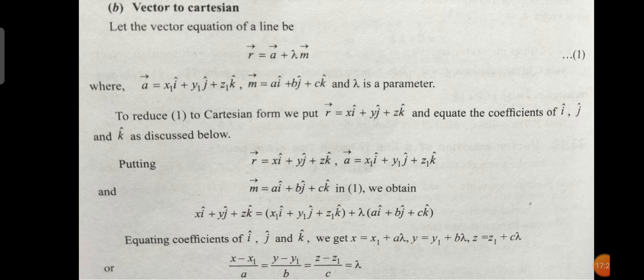We get x is equal to x1 plus lambda a, y is equal to y1 plus lambda b, z is equal to z1 plus lambda c. Since lambda is common, we can write it as (x minus x1) by a is equal to (y minus y1) by b is equal to (z minus z1) by c, which is equal to lambda. So this is how you convert vector to Cartesian.